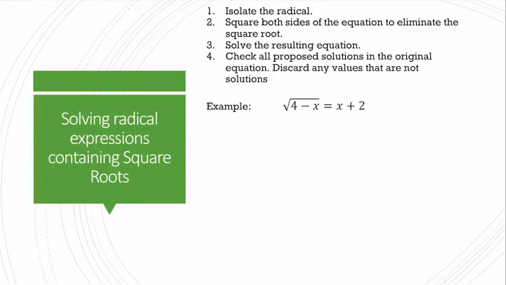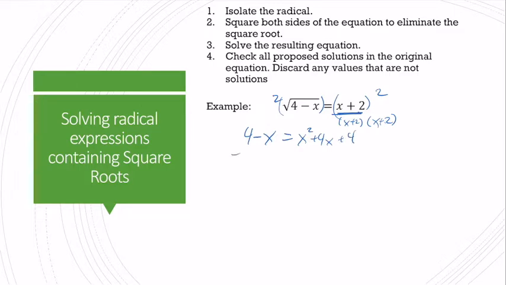So step 1 is to isolate the radical, which we've already done on the left-hand side of my equation. Then I have to square both sides. Well, if I square my left-hand side, I'm going to get 4 minus x. But I need to remember that x plus 2 squared is like x plus 2 times x plus 2. So I have to FOIL this out. I'm going to get x squared plus 4x plus 4.